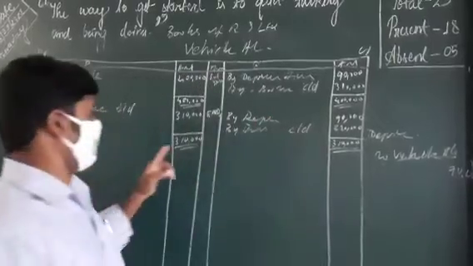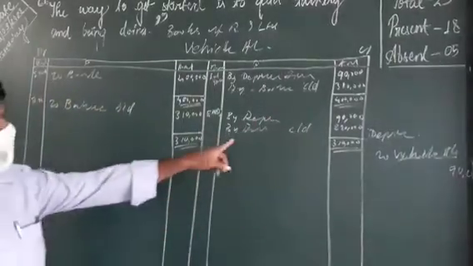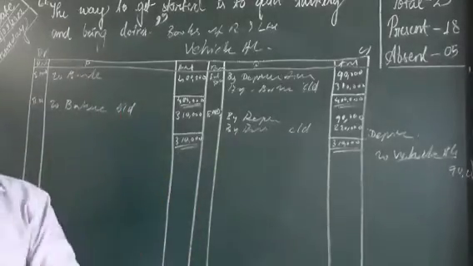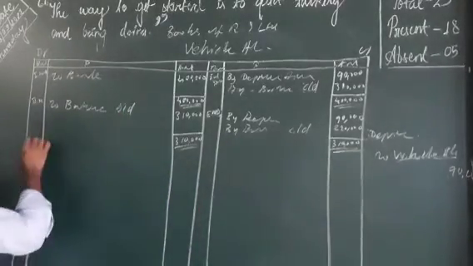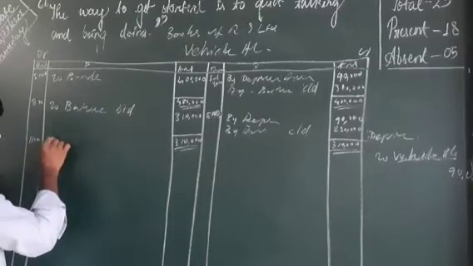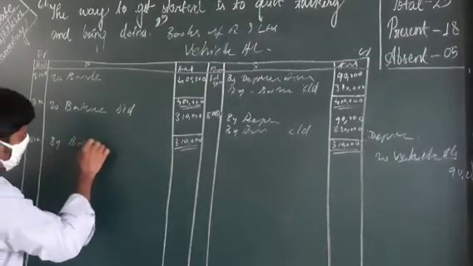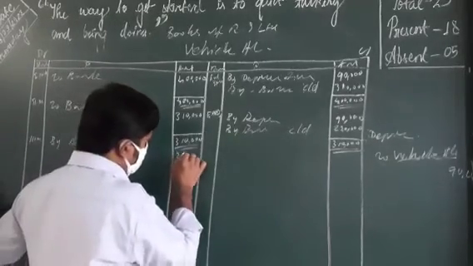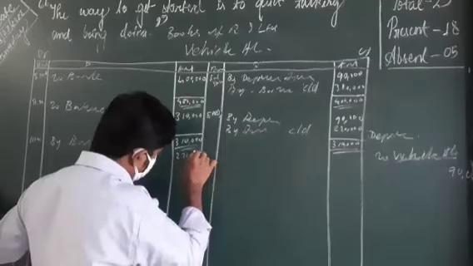At the beginning of the next year, there is only one day of difference: 31st March, and 1st April is the beginning of the year. Third year, we write by balance brought down. How much is that? 2,20,000.